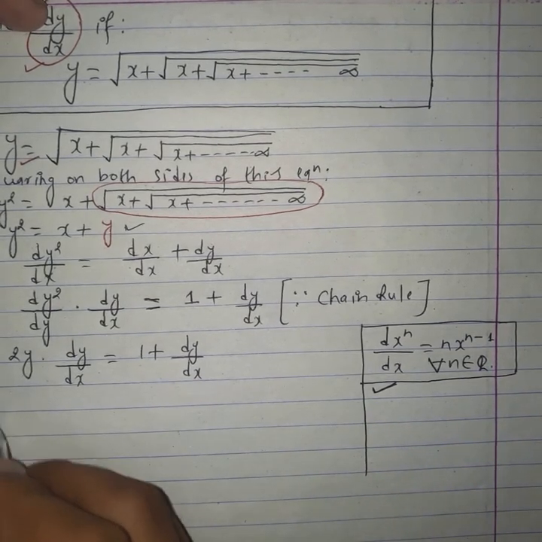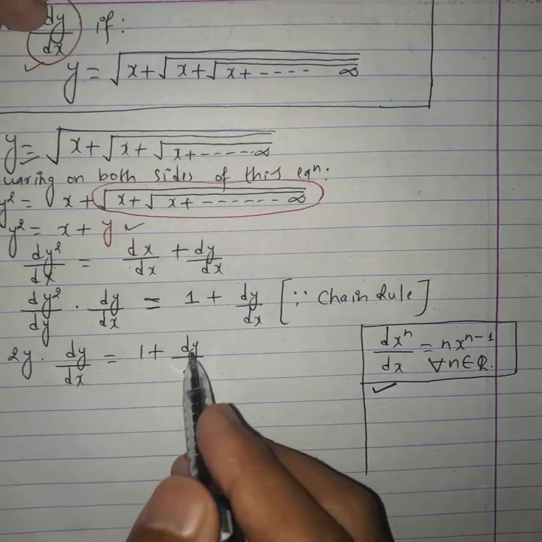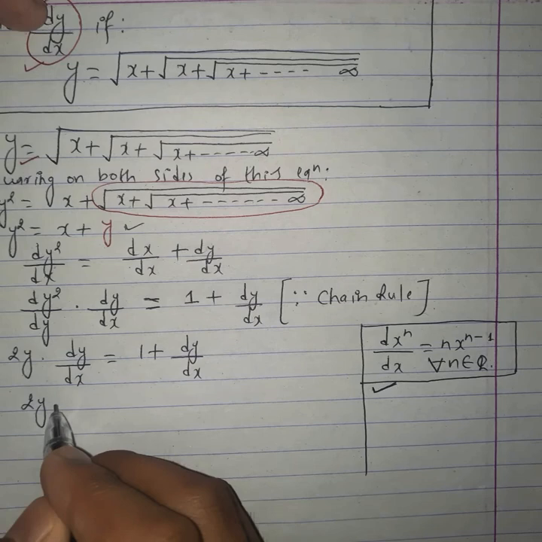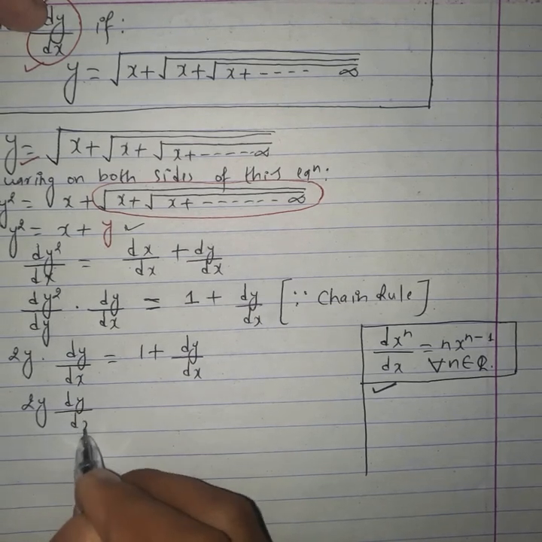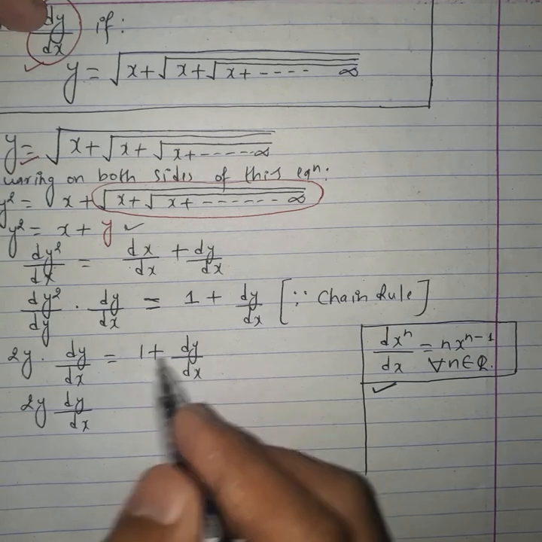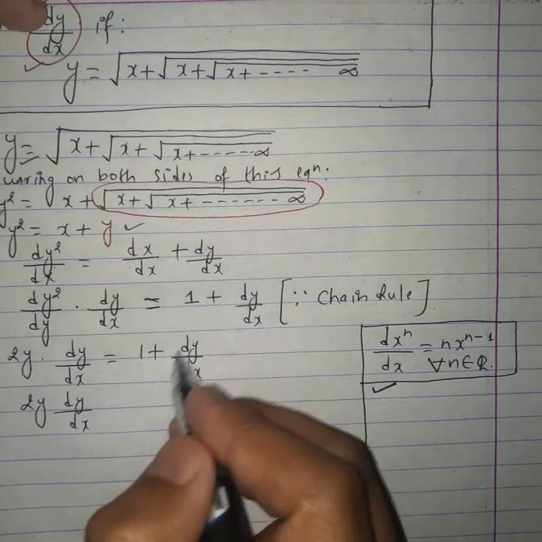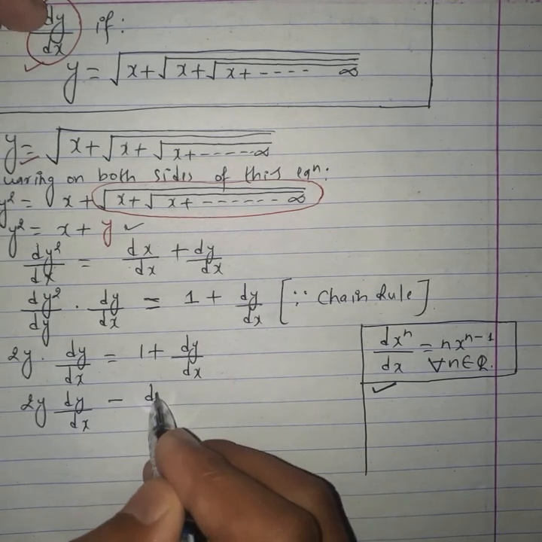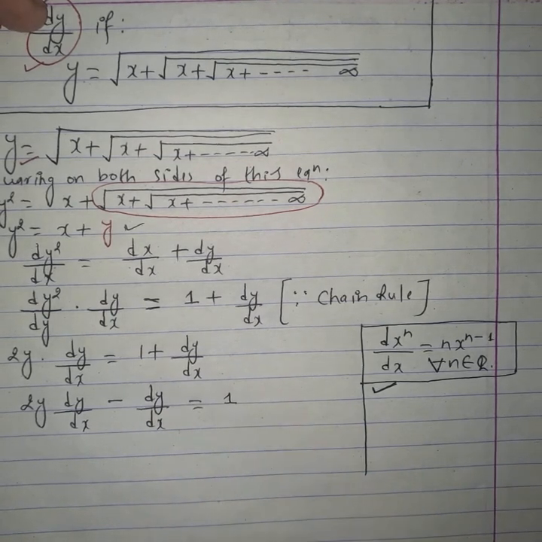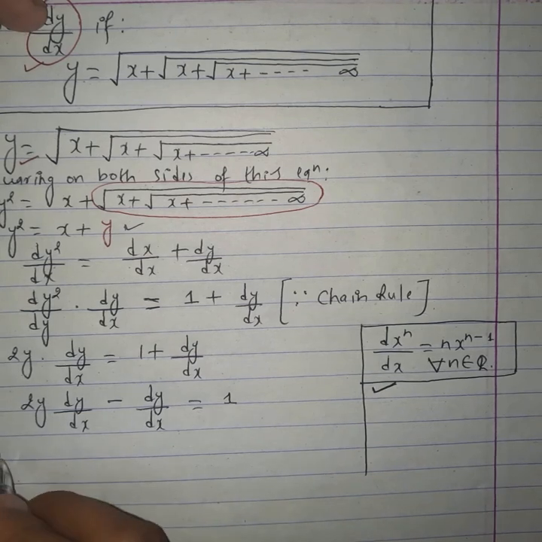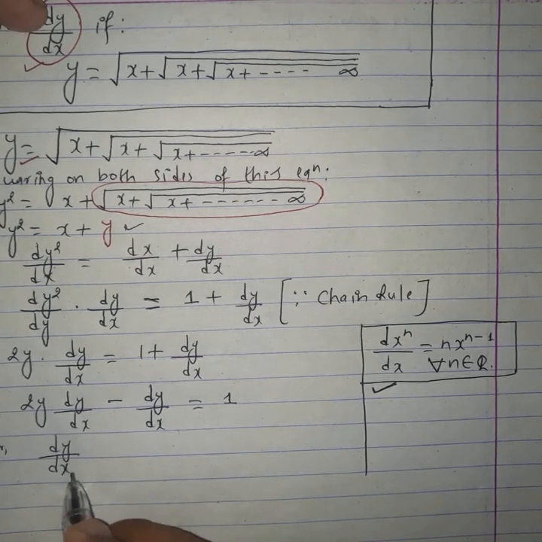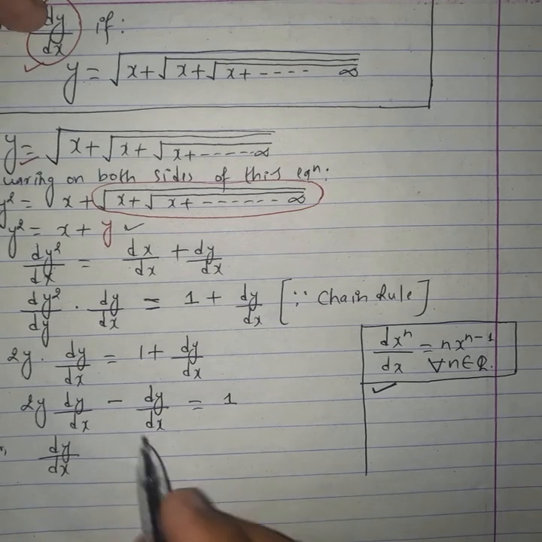Our target is to find dy over dx, so collecting the like terms here, 2y times dy over dx. Let's shift this dy over dx to the right hand side. Let's transpose it as negative dy over dx, and only 1 is left here. Here we can take dy over dx as common, as it is present in both terms.